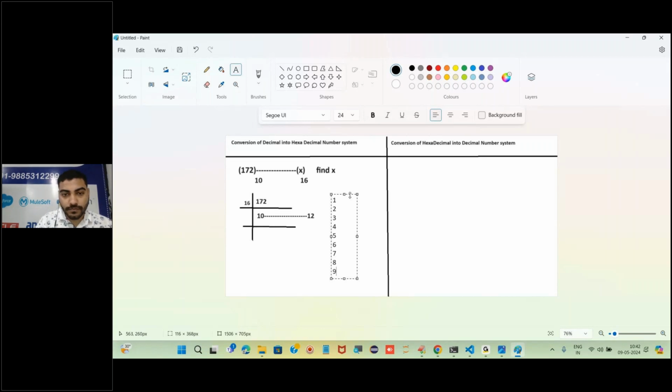Up to 9, the value stays as it is, 1 to 9, right? When it comes to the 10th value, 10 will be considered as what?